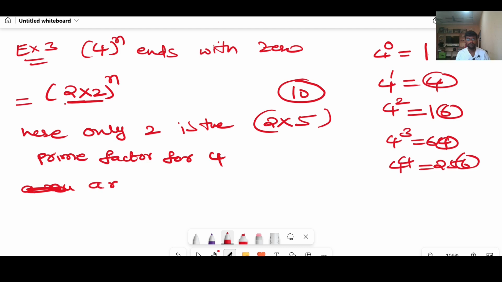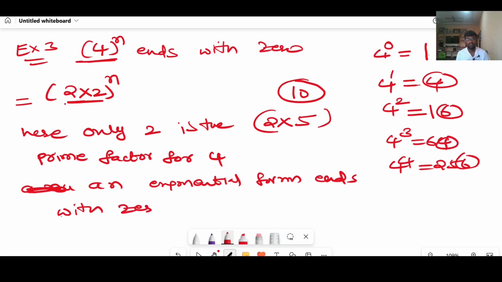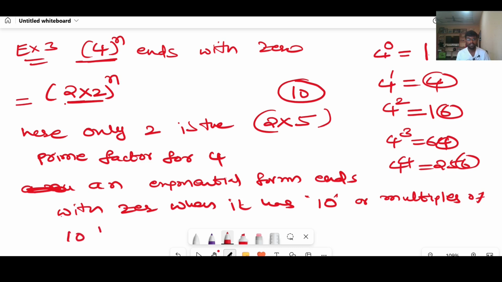An exponential form ends with 0 when it has 10 or multiples of 10 in its base values.